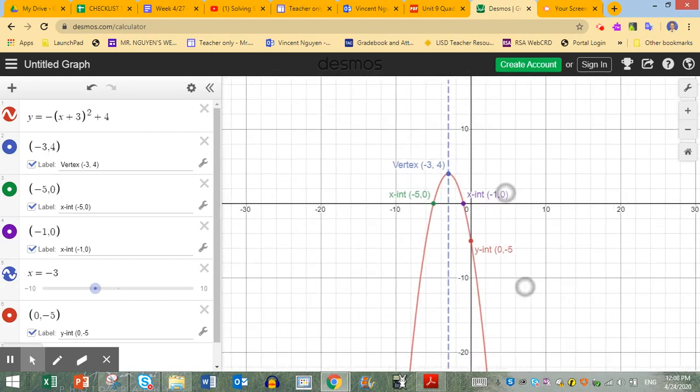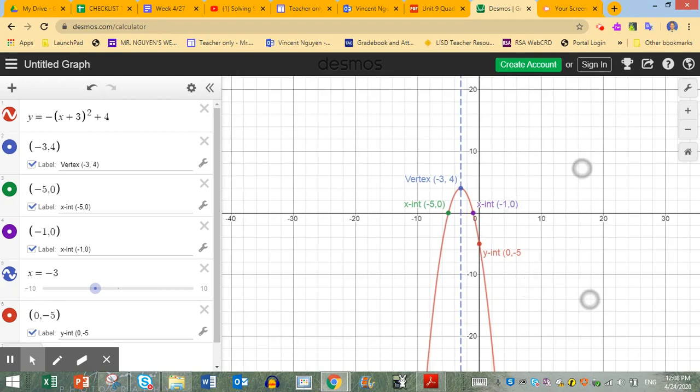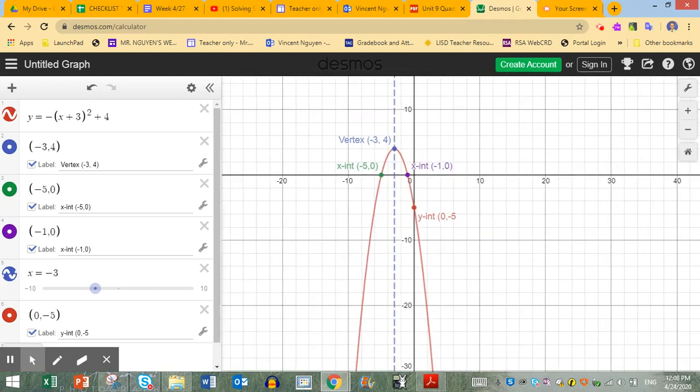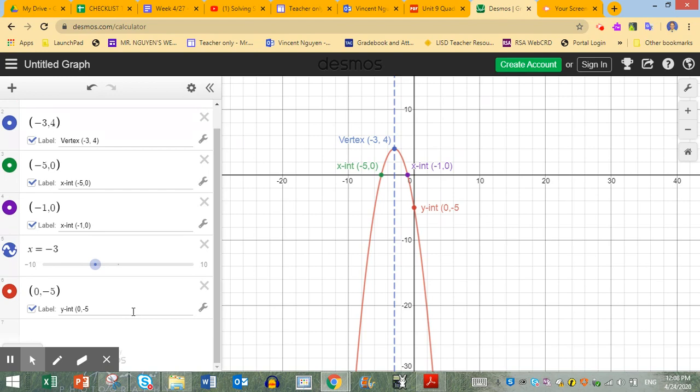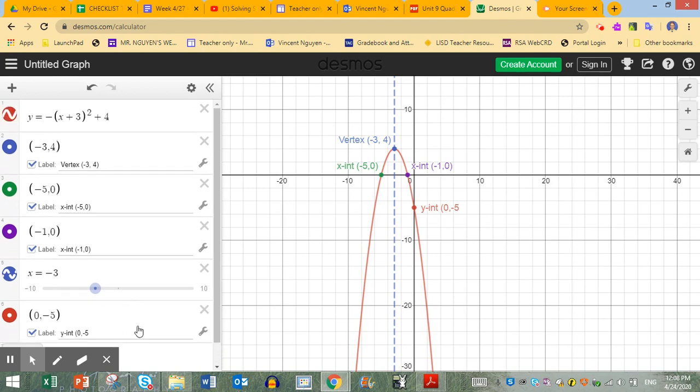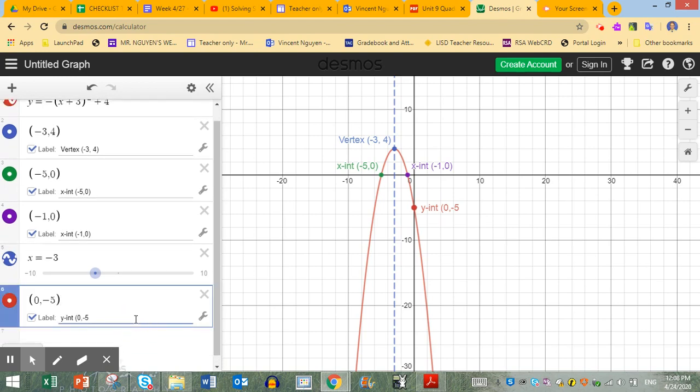It doesn't stop. See, your graph keeps going, right? The good thing about labeling this is as you zoom in and out of your graph, you don't lose your ordered pairs. You'll always see your ordered pair. I forgot to put the parentheses here for my y-intercept, but there you go.